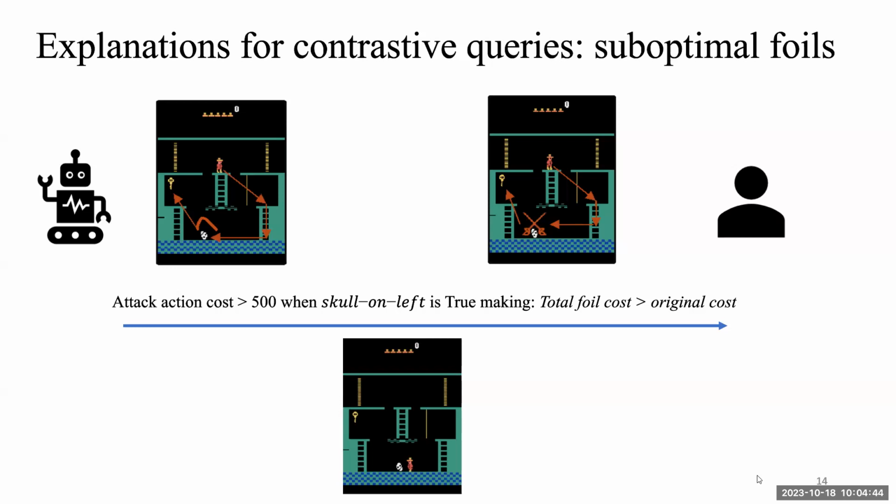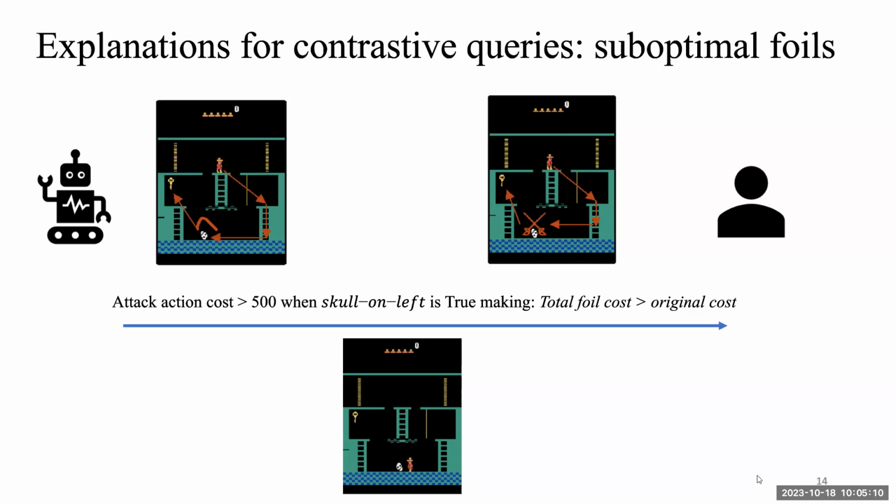The user of type A thinks that this concept is called skull on left. User of type B doesn't even call this a skull. It calls it an enemy on left. So if I say skull on left, maybe they don't understand. That's the distinction we are making: users could have different vocabulary, or different knowledge to begin with, and that could change the explanations we give to them.